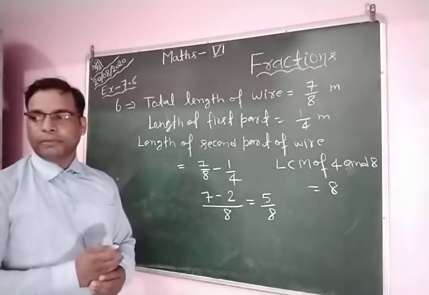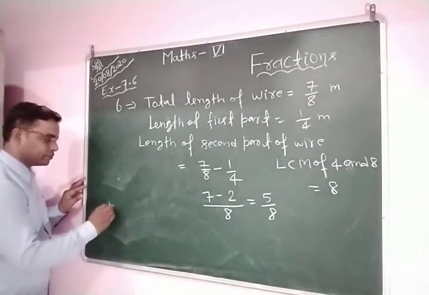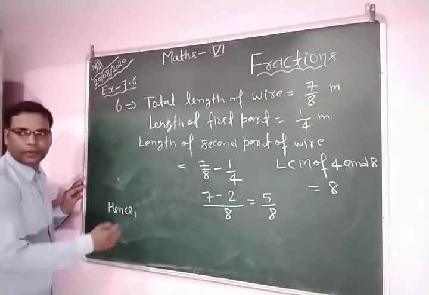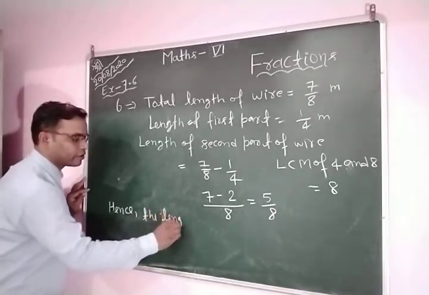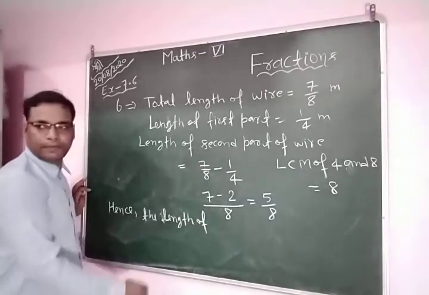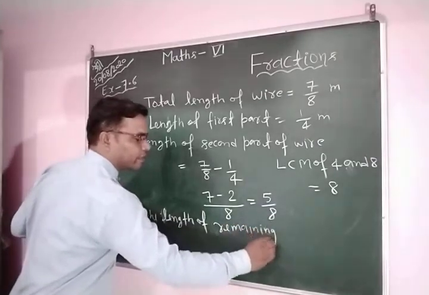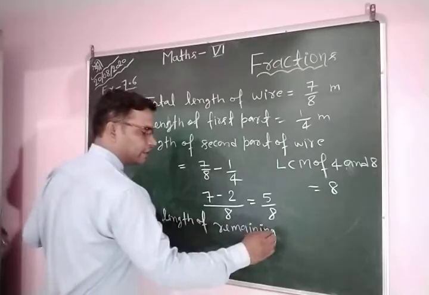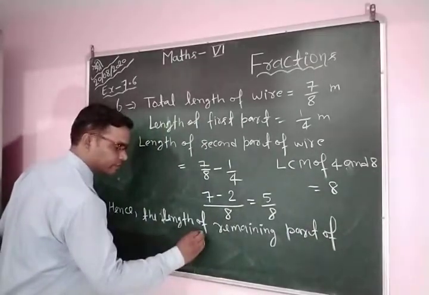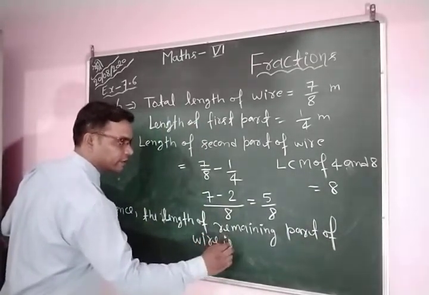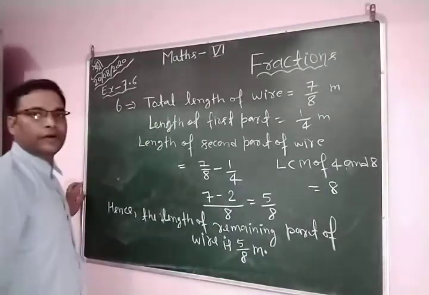Therefore, you can say the length of the remaining part of wire is 5 by 8 meter.